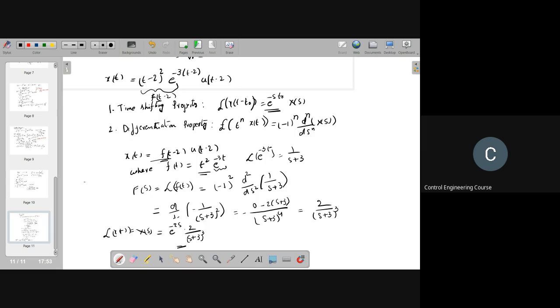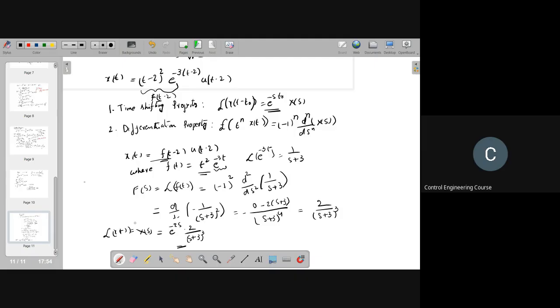Next, we'll see other problems like the initial value theorem and the final value theorem. Those are also very important in solving time domain analysis and so on.